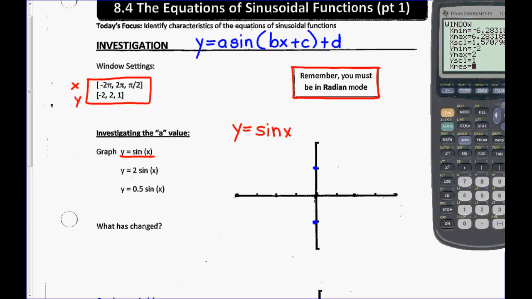So if this is measuring in pi's, 2 pi would be here. 1 pi would be here. Okay, so half of pi is pi over 2. And so if this is 1 pi over 2, this is 2 pi over 2's, which in lowest form is pi. This is 3 pi over 2's. This is really 4 pi over 2's, which in lowest form is just 2 pi.